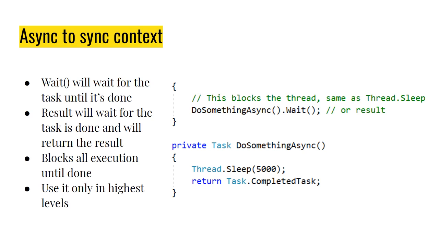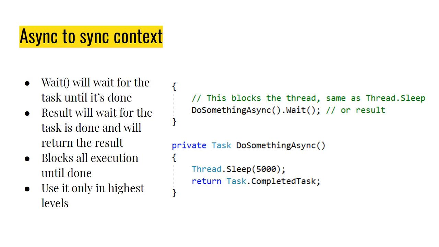So sometimes we need to come back to our synchronous context from async. And how do we do that? Well, with a little hack by calling wait. If we call wait or result, it will block the execution until the task is done. This is not a recommended approach, but sometimes we need it. Again, this should be done only on the highest levels.